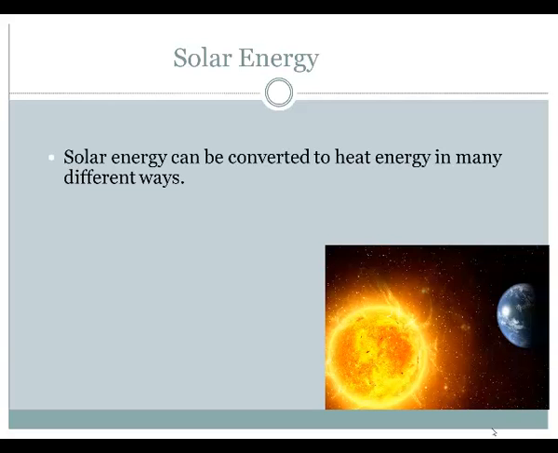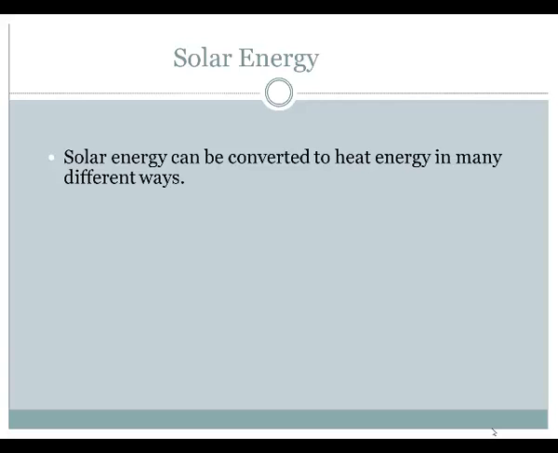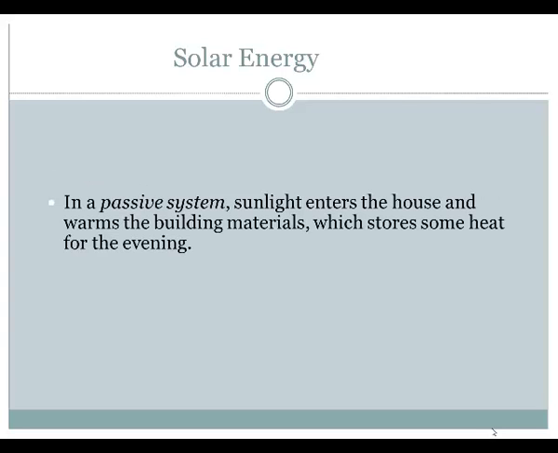Solar energy can be converted to heat, and in many different ways we can then use that energy to supply electricity, to heat our homes, to even boil water and different things like that. There are two systems that are involved in heating, a passive system and an active system.